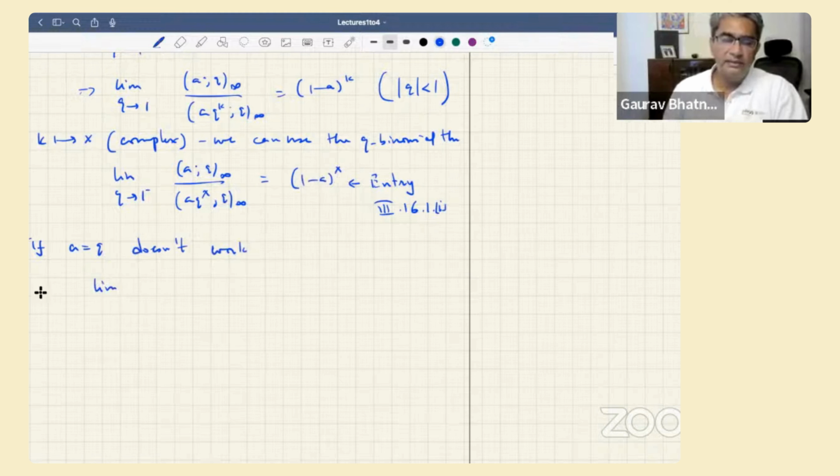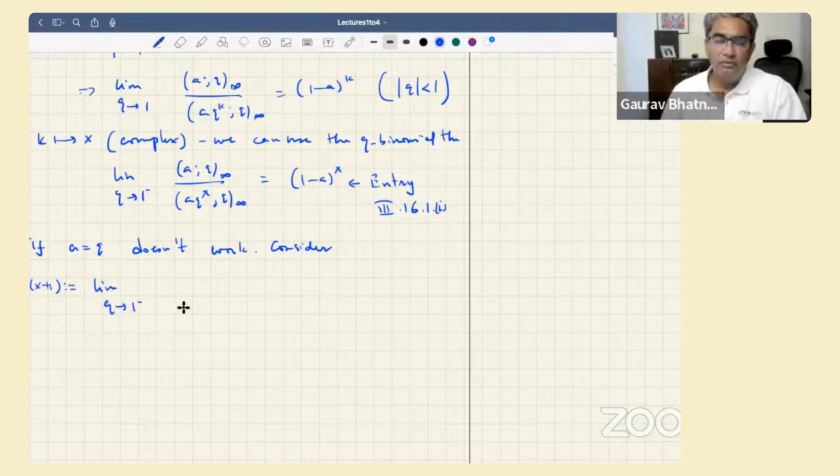So consider the limit. Let me call this f of x plus 1, the limit as Q goes to 1 from the left. So we want the absolute value of Q less than 1, so Q going to 1 from the left, maybe Q is real, but for smaller values, essentially.